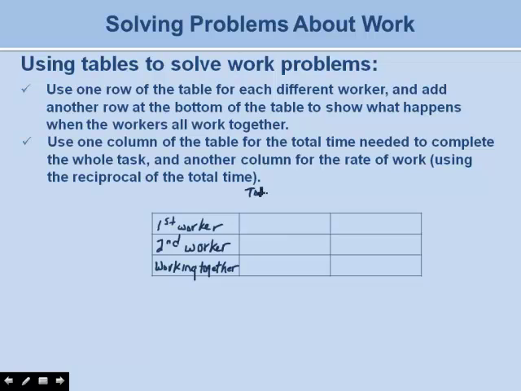Now for the columns, this first one would be total time for the whole task. And our second column would be the rate of the work. So this would just be the reciprocal of total time.